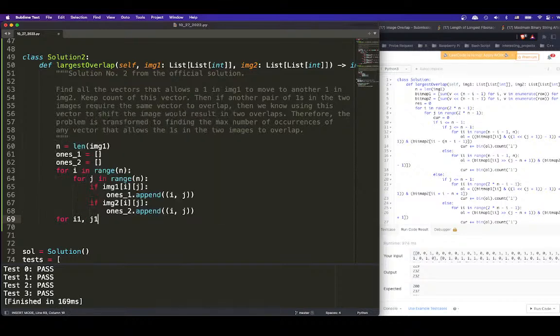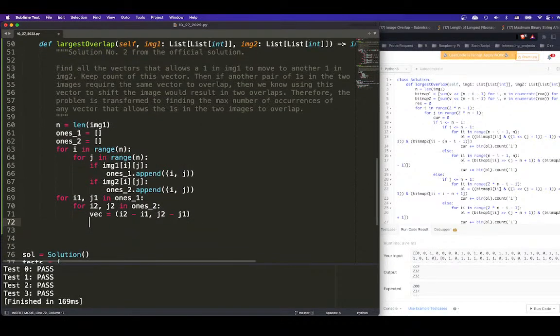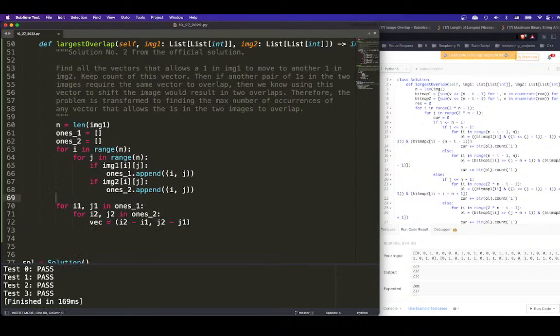So once we're done, now we're just gonna say for i1, j1 in ones1, for i2, j2 in ones2, vector shall equal to, let's say, (i2 minus i1, j2 minus j1), right? Then, oh, we need a counter.